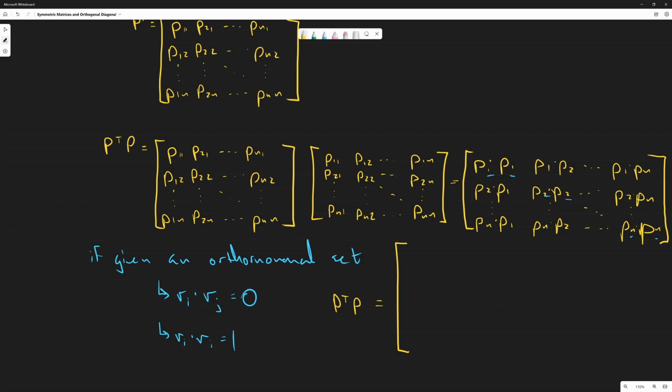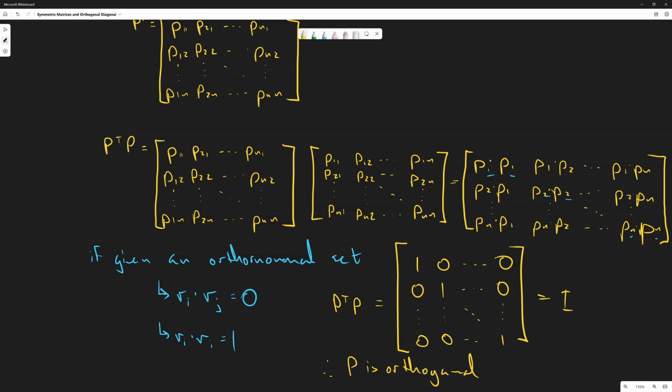We'll have 1, 0, 0, and then everything across the main diagonal will be equal to 1. And what is this equal to? The identity matrix. And what does this mean? This means that P is orthogonal.